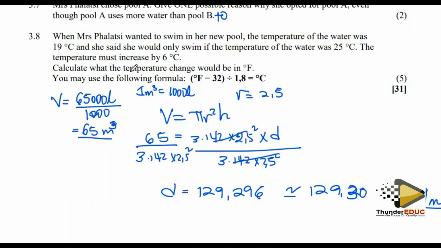Calculate what the temperature change would be in Fahrenheit. So the temperature change is 6, and it's supposed to be changed to Fahrenheit. The reason why it's 5 marks, look at the formula given to you.